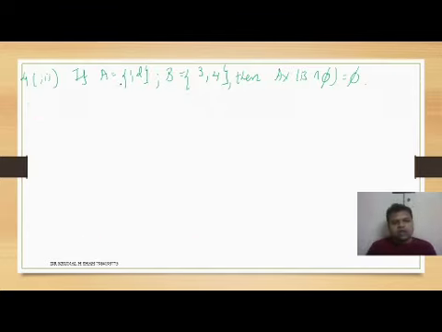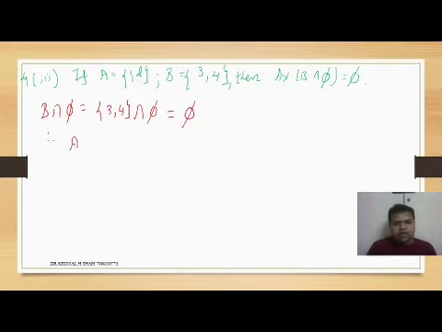For the third, if A equals to {1, 2}, B equals to {3, 4}, then A cross (B intersection null set) equals to null set. So first of all, we're going to find out B intersection null set. B that is equals to {3, 4} intersection, that's not cross, intersection null set, that would be a null set.